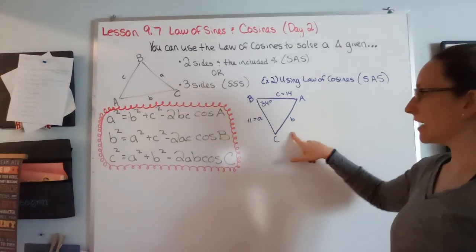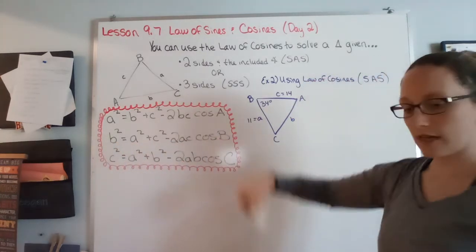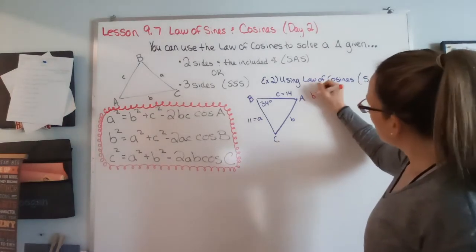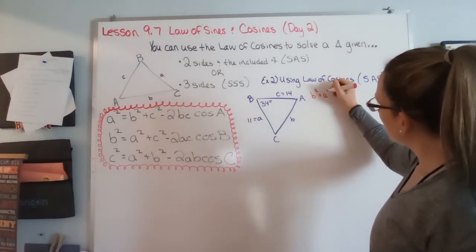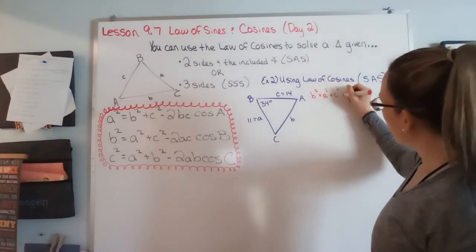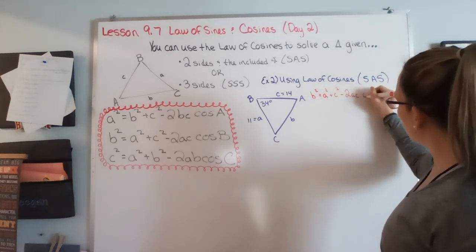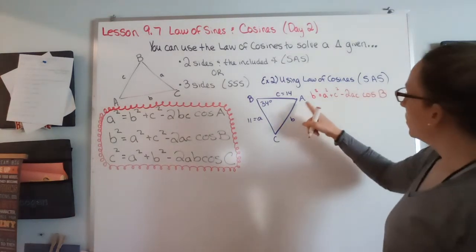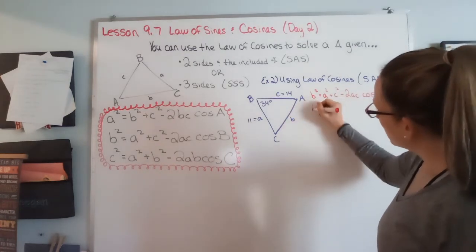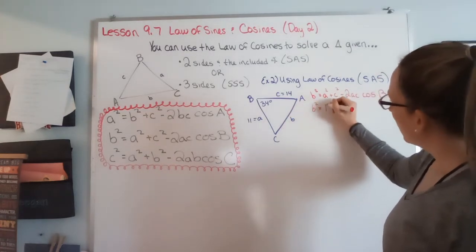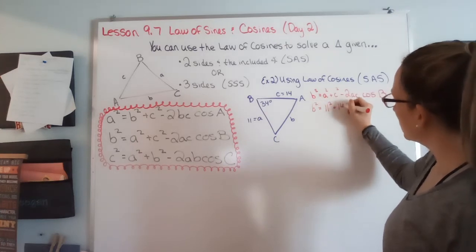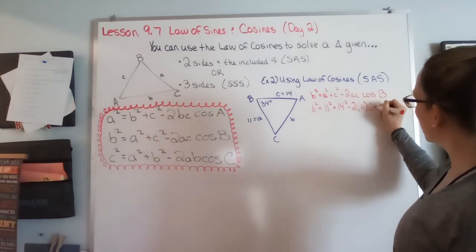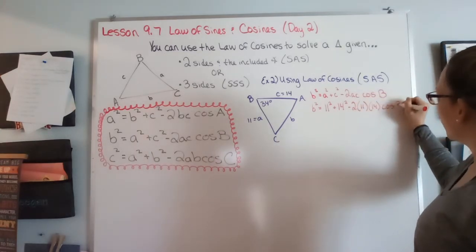Since I don't know side b, I'm going to use this formula here. Let me copy that down. So I have b squared is equal to a squared plus c squared minus 2ac cosine B. You're going to substitute in all the values you know. b is what I don't know. So b squared is equal to 11 squared plus 14 squared minus 2 times 11 times 14 cosine 34.